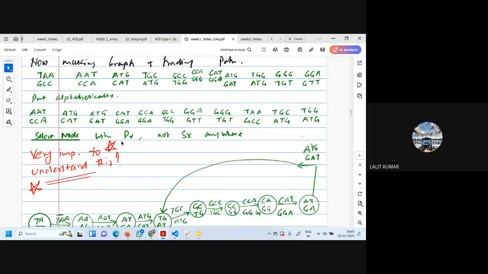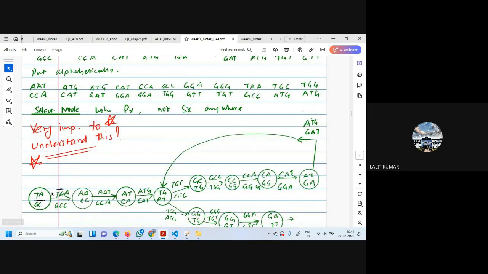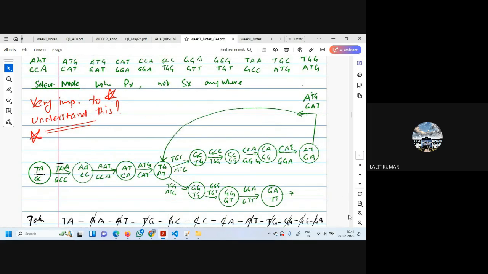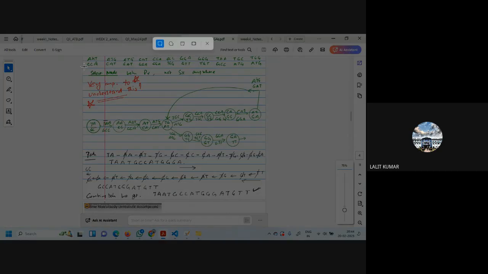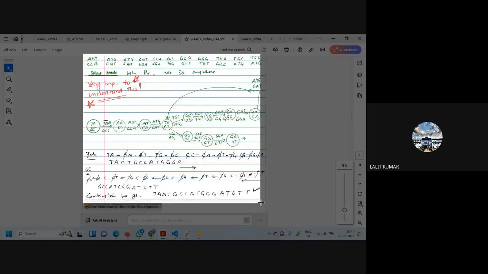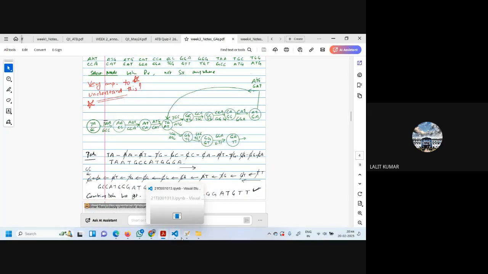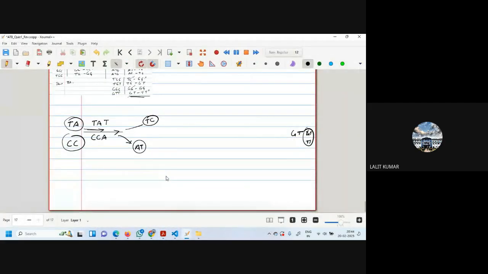Now, we find the starting path, the prefix which is not a suffix anywhere. So we get, for example, TAGC. So from TAGC, where is TAGC? I will copy from here and explain this example, because that is slightly long.